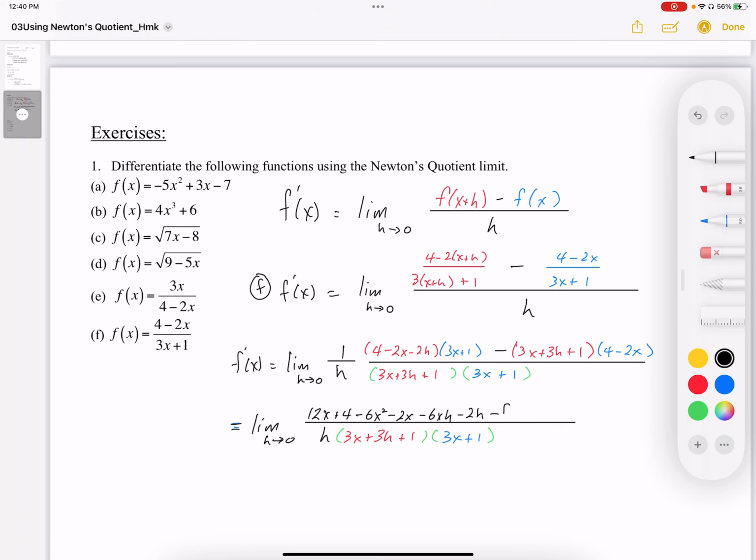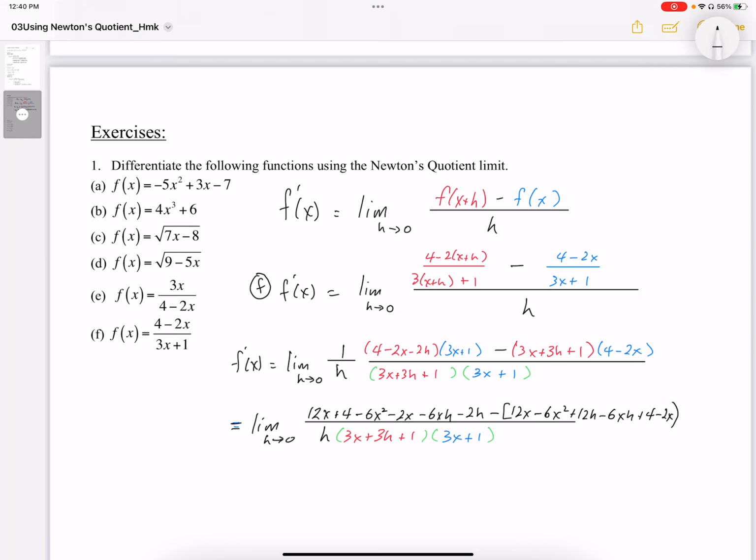Okay, so this next part, I really need to keep in brackets because it's going to be hard to keep track of my positive negatives. So I end up with 12x. 3x times 2x is minus 6x squared. 3h times 4 is plus 12h minus 6xh. And then 1 times 4 is plus 4 minus 2x.